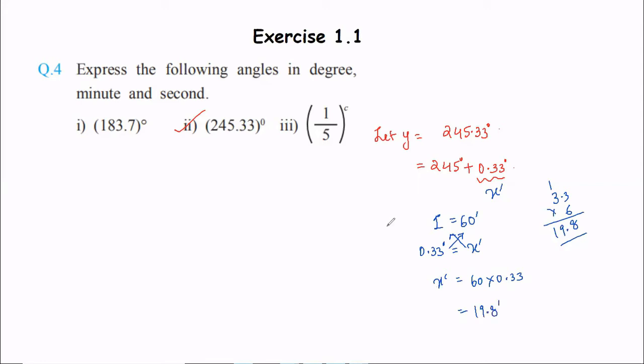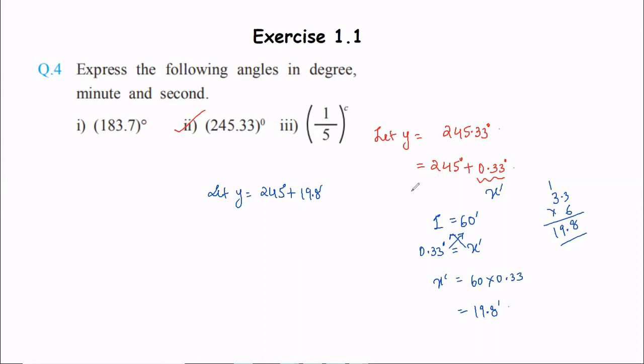First let's convert this to minutes, and then we will convert the seconds part. So let y is equal to 245 degrees plus 19.8 minutes. That's the 0.33 fraction.